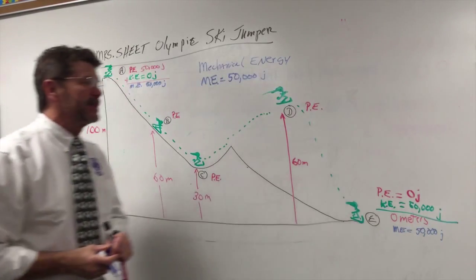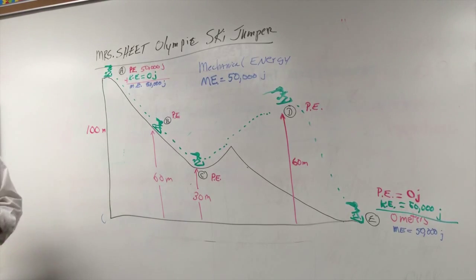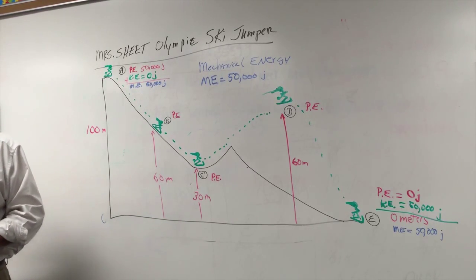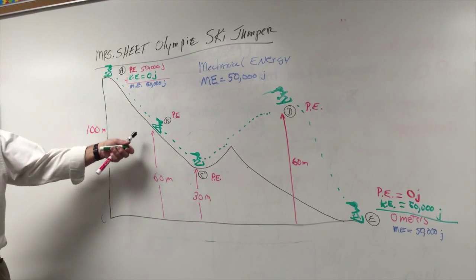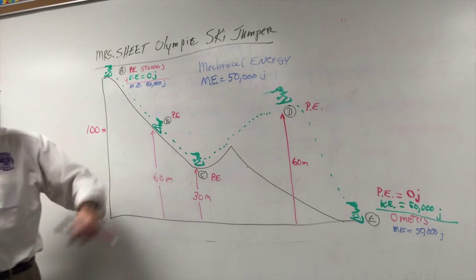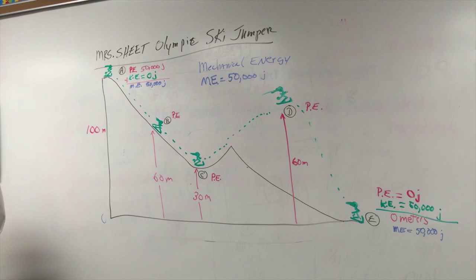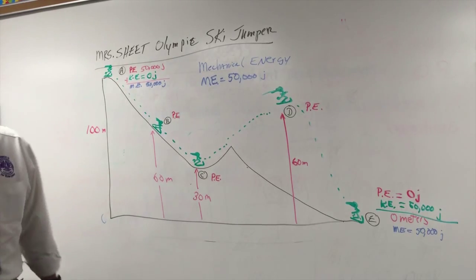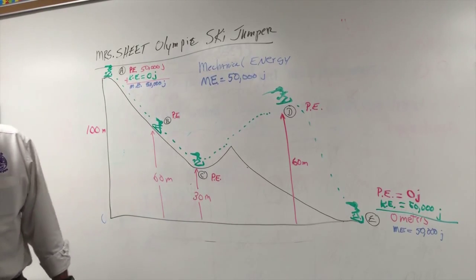So now it becomes something kind of interesting. I'm going to give you the rest of these, and then you figure them out. In fact, since B and D are the same height, they would have the same potential energy. You got that?